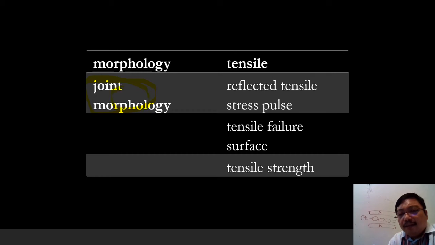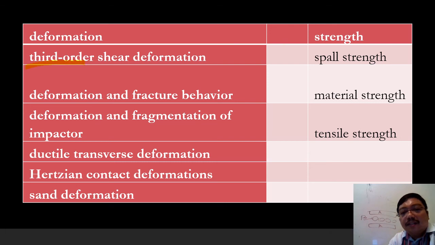Only one mentioned in those 29 journals, and these are the tensile stress, tensile failure surface, and this is the deformation. Of course, deformation will happen. You cannot avoid deformation when dealing with a projectile impacting a target.